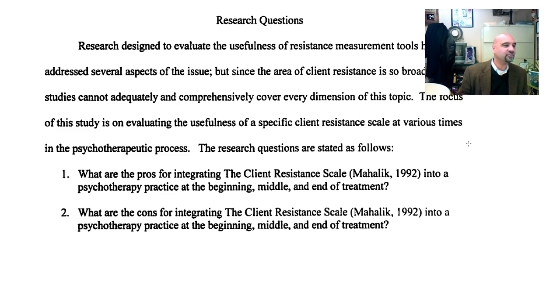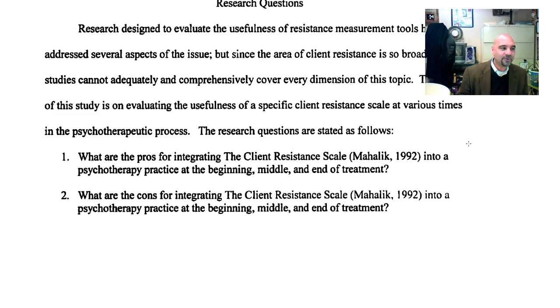The research questions are as follows. What are the pros for integrating the client resistance model into a psychotherapy practice at the beginning, middle, and end of treatment? What are the cons for integrating this?